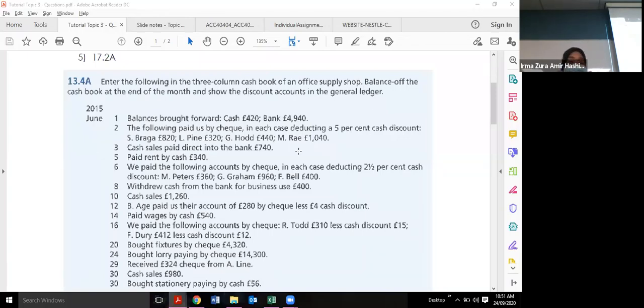Okay, so they paid us. So what will happen to your bank account? Increase, decrease? Increase. Okay, and then if it's an increase, you should record it on the debit or credit? Debit. Okay, because it's increased.